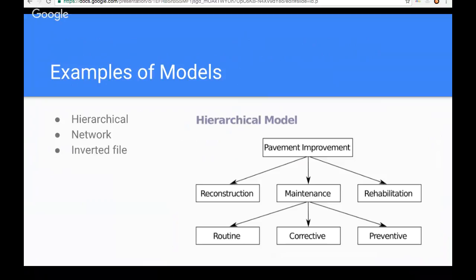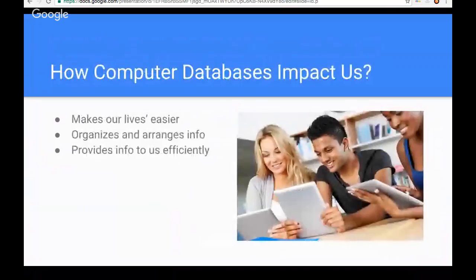These include hierarchical, network, and inverted file. There are a few more, but this picture shows a hierarchical model. This is a tree-like structure. As you can see, there's one option at the top that stems into three, then each stems into three more. So that's just an example of a hierarchical model. It works its way down vertically.